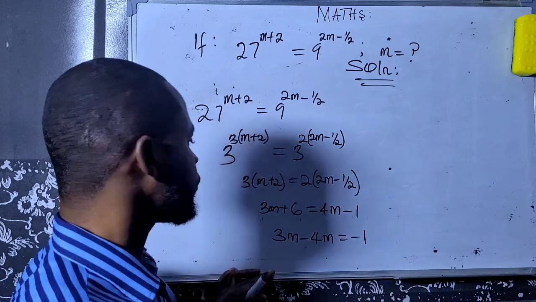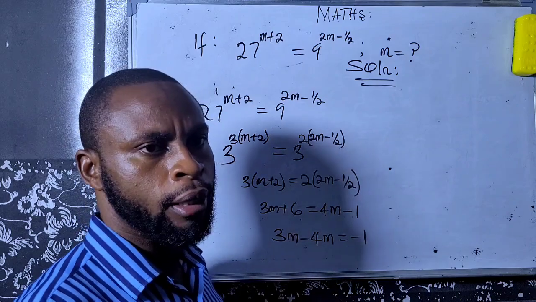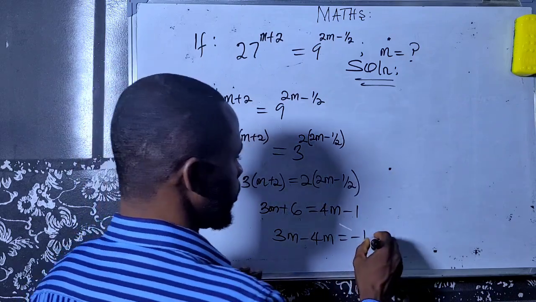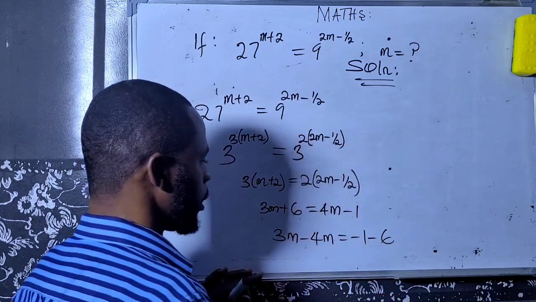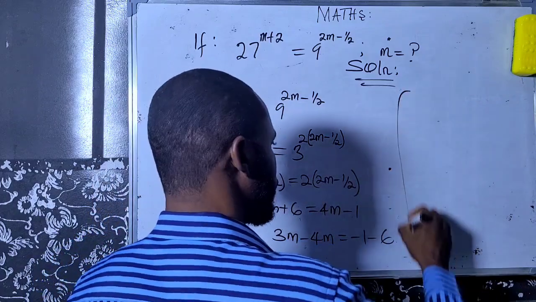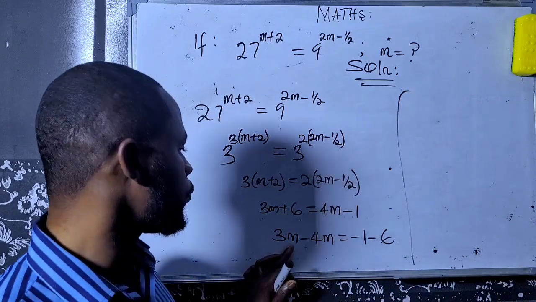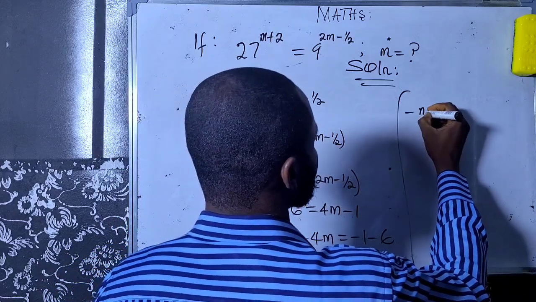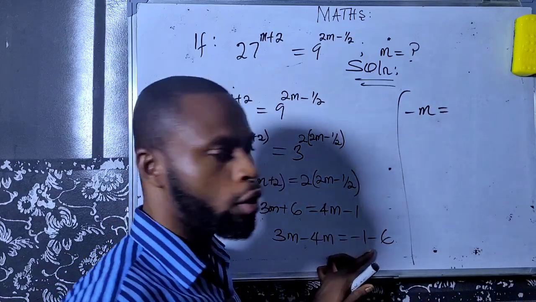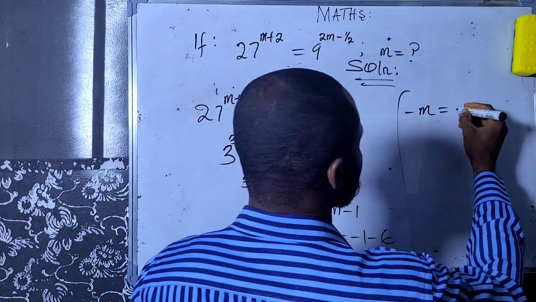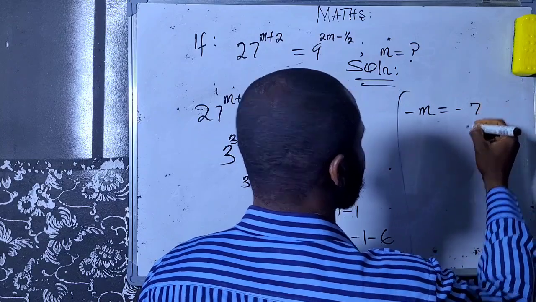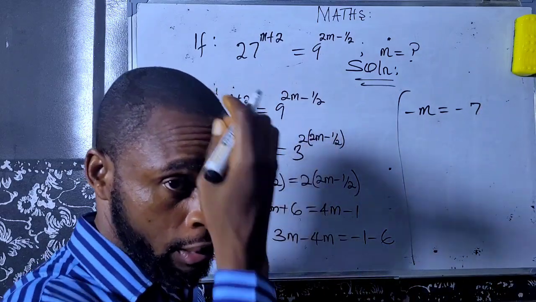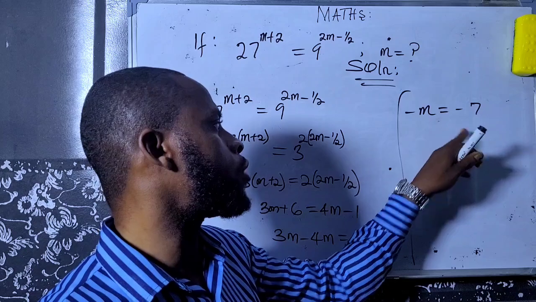If you move plus 6 from the left to the right, it becomes negative 6. Then here, we simplify this. We have 3m minus 4m, that gives us minus m equals minus 1 minus 6, that gives us minus 7.